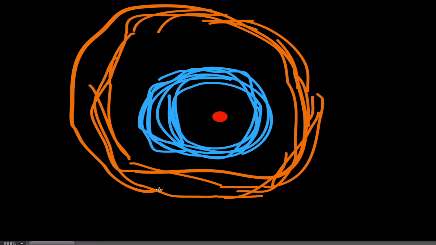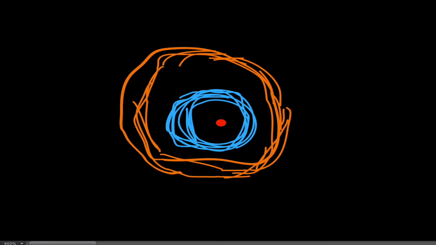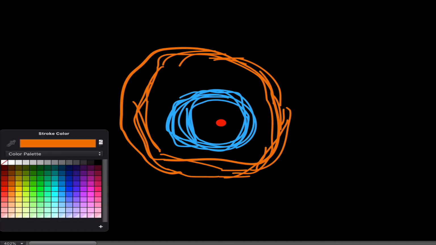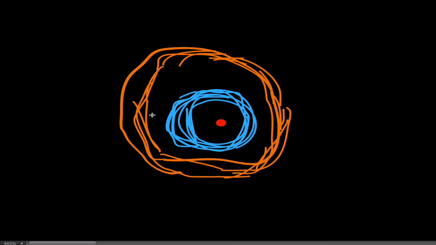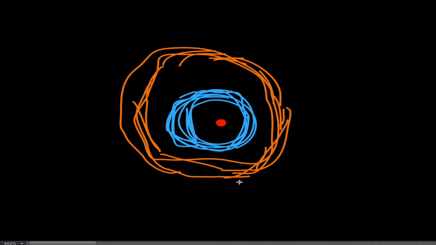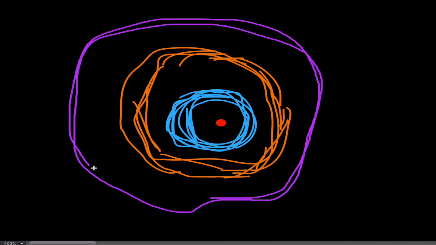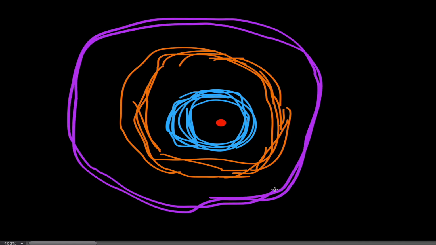Okay, so now we're going to give it a little bit more energy. So what happens if we give it a little bit more energy? Well, now this will become kind of weird. Instead of being in these perfect circles, like you would expect for an electron with a higher energy level to be in a shell like this, right?